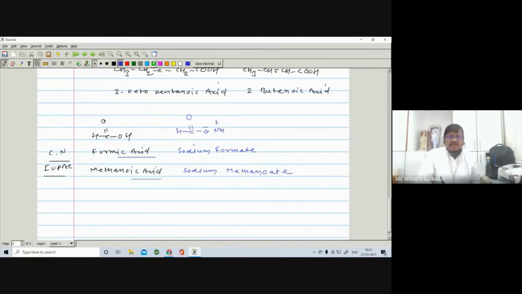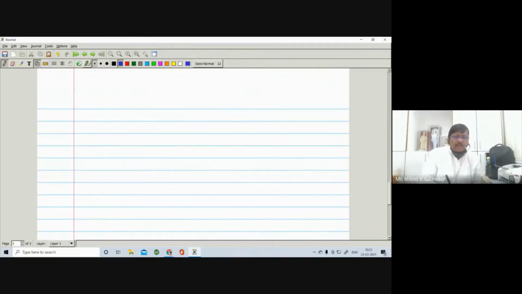The next point is the physical properties of carboxylic acid. In physical properties, if you see the state of these carboxylic acids, the first three members, C1 to C3, are colorless and pungent smelling liquids.